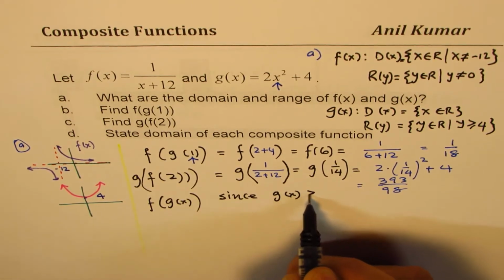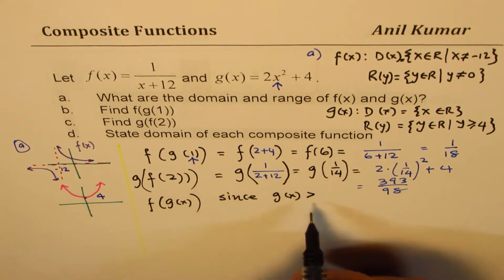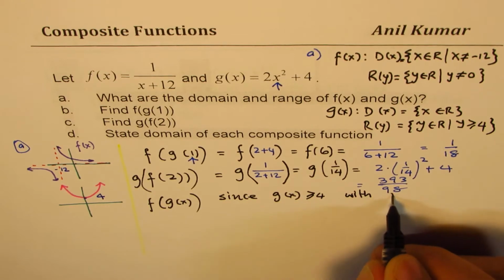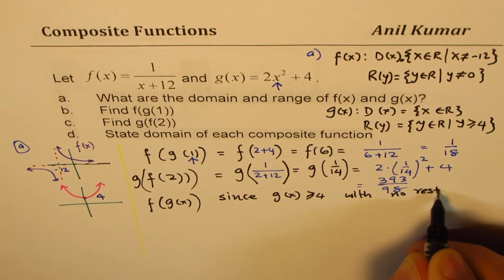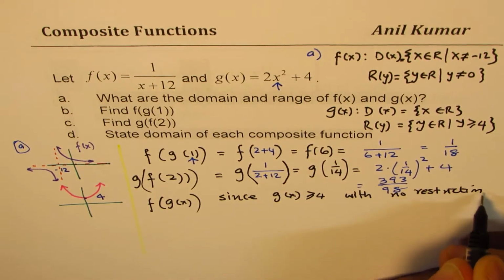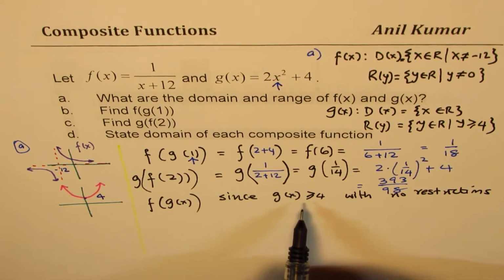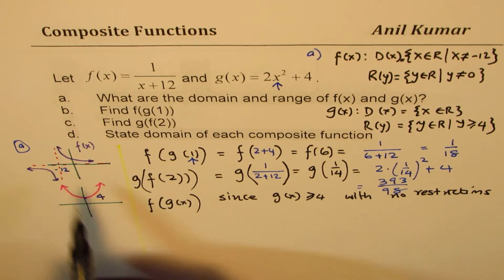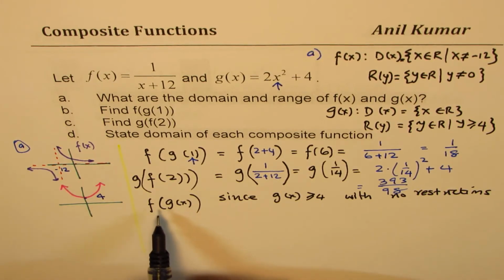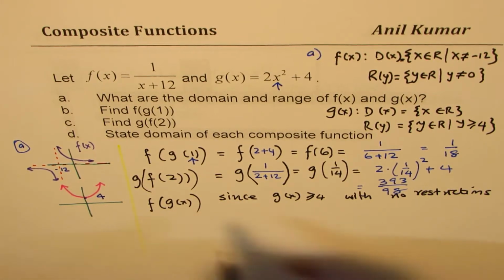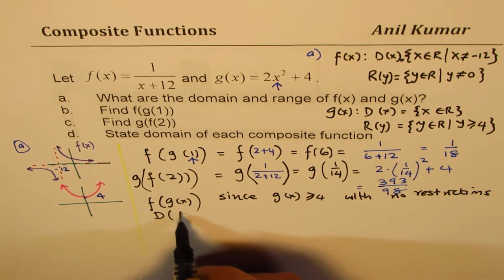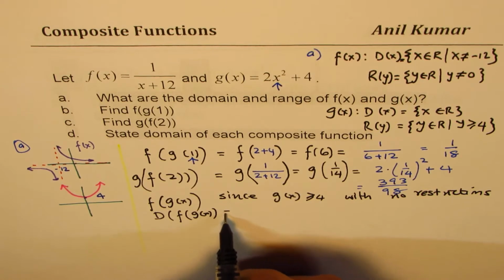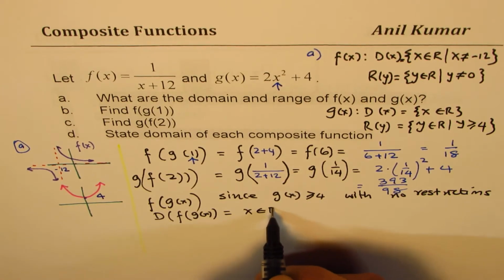g of x is always greater than or equal to 4 with no restrictions, what it really means is that the output of g of x can never be negative 12, and therefore in this case we can say that the domain of f of g of x is x belongs to real numbers.